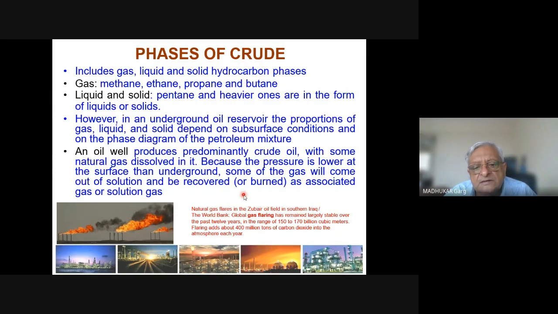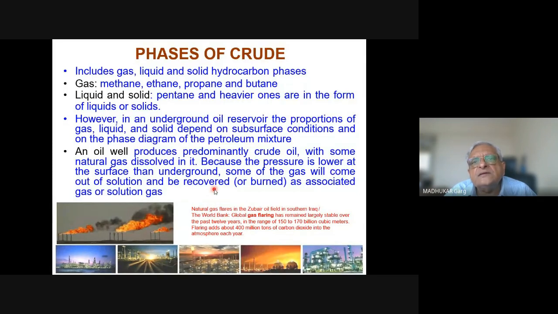For example, Hazira in Gujarat near Surat is a place where ONGC has a very large facility where they recover the associated gas from Bombay High. Earlier this gas was being flared on the platforms at Bombay High itself, the gas that gets liberated when the crude oil comes out of the ground.